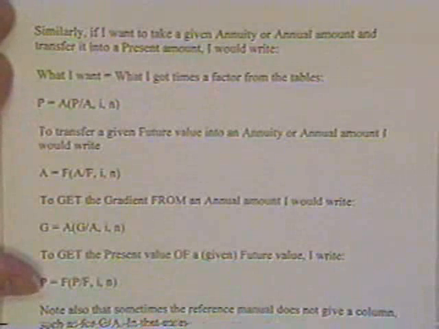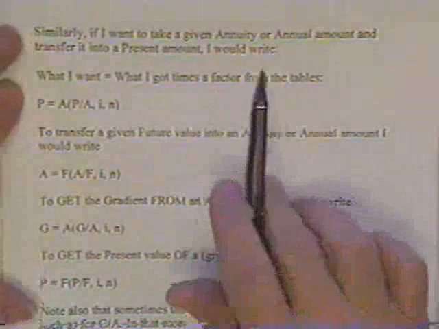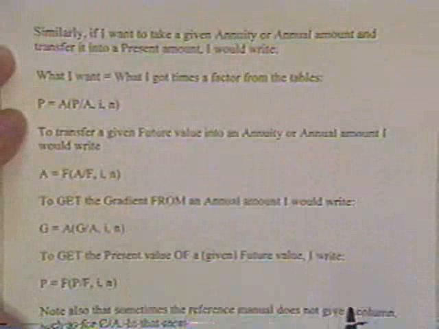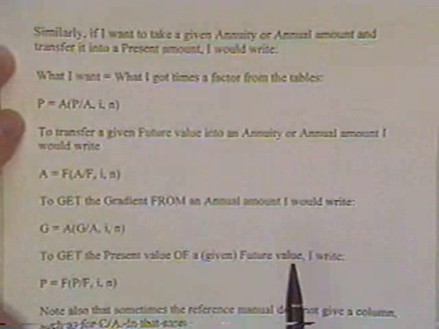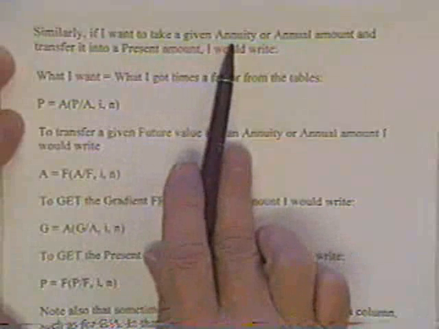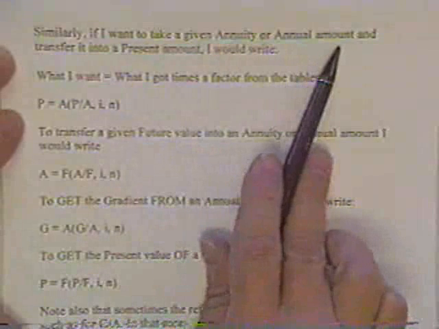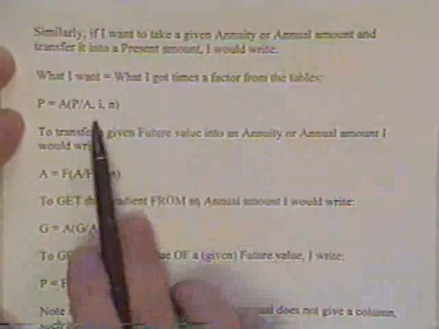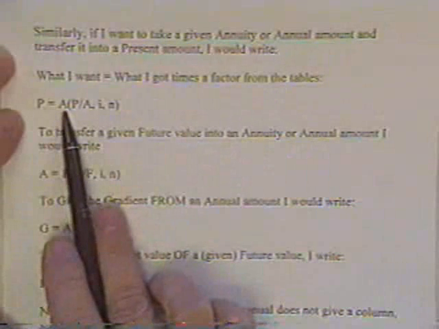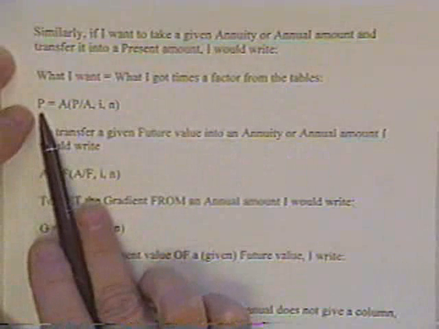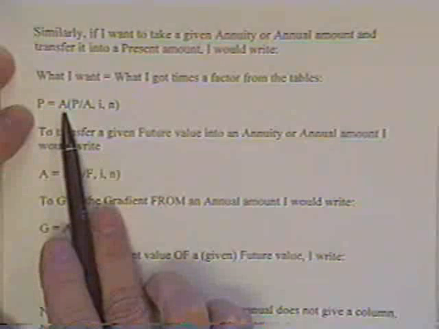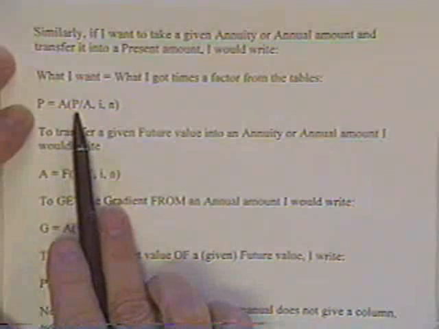Now then, you may or may not know what an annuity is. You may or may not know what a gradient is. I'll show you what each of those are shortly. But I just wanted to emphasize that even though you may not know what an annuity or an annual amount is, if you are given the annual amount you want, and you want to know how much present money to stick in the bank so you can have that annuity as you get old, there's no doubt about what to do.